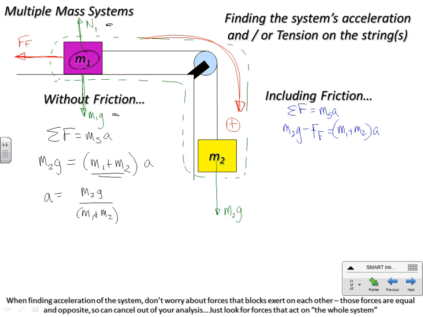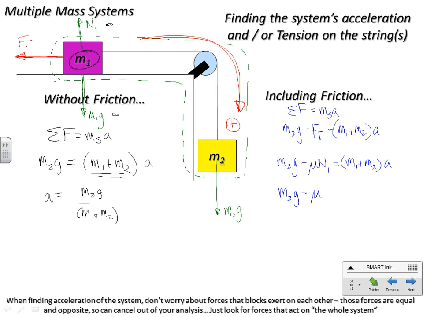We could go a step further. M2G minus mu times the normal force, N1, equals M1 plus M2 A. We could go even a step further.